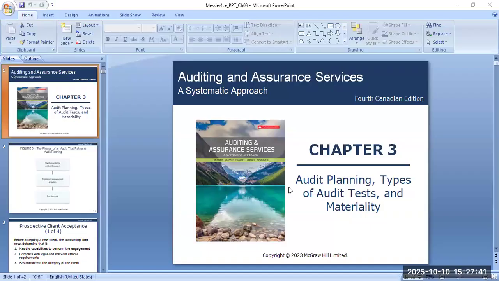Chapter 3 is more interesting because now we're going to start dealing with the actual audit. Now it's getting a little bit more interesting.